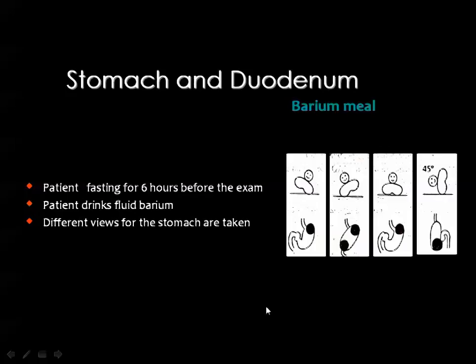And you all know that in the previous days we used to examine the stomach by barium, and we used to give some barium fluid to the patient, and we put the patient in different positions on the radiographic table, aiming at examining the stomach, partly filled with barium and partly filled with air, along the different parts of the stomach.